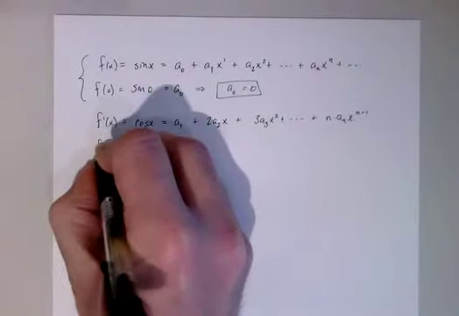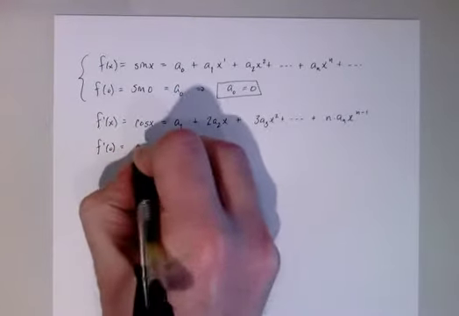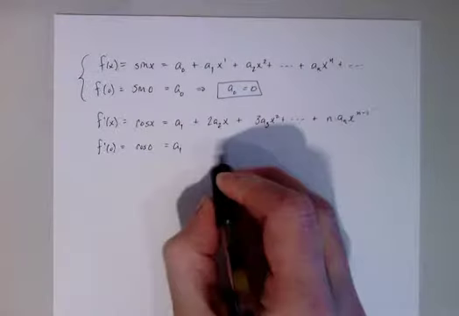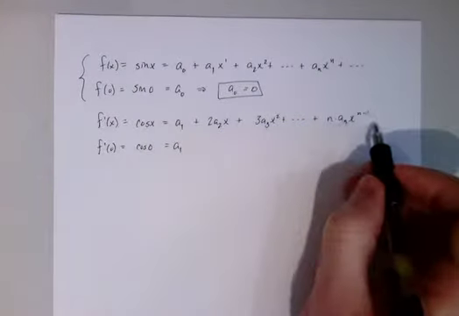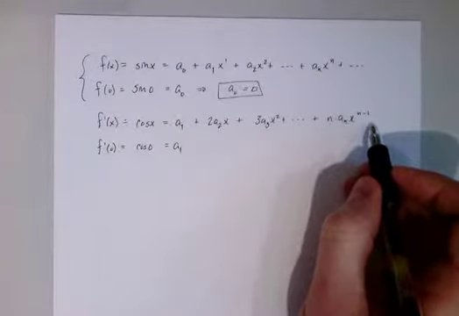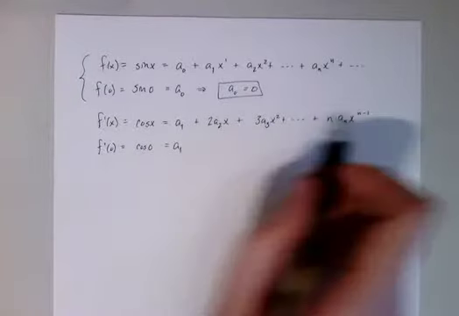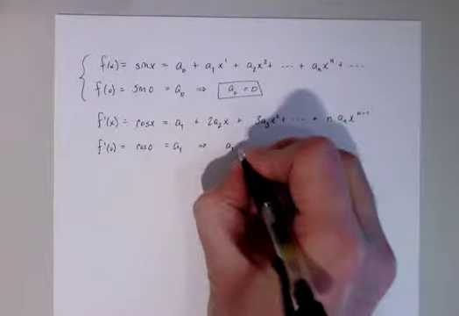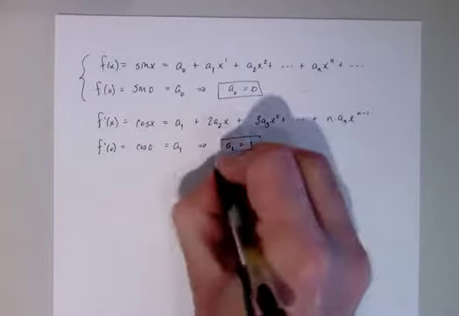Well, let's evaluate the derivative at 0. If I plug in 0 for x in this infinite polynomial, all of the x terms fall out. The only thing that's left is the constant term. And I happen to know that a sub 1 is equal to 1, because cosine of 0 is 1.